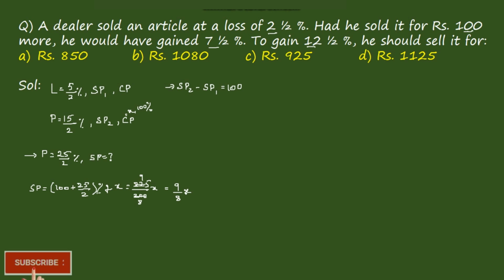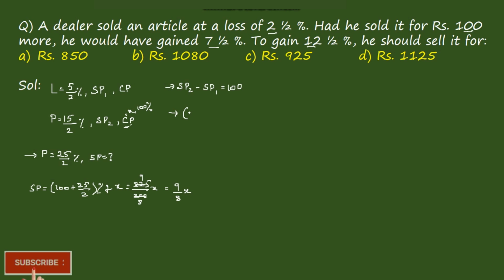So we have to find the value of X now. What is X? X is the cost price, right? But we know the difference between the selling prices. In terms of percentages, we can find the selling price, right? If you consider SP2, right, it is in a profit, right?